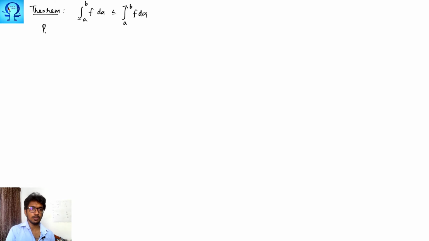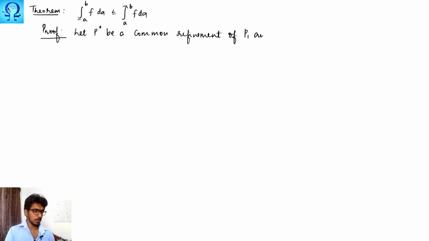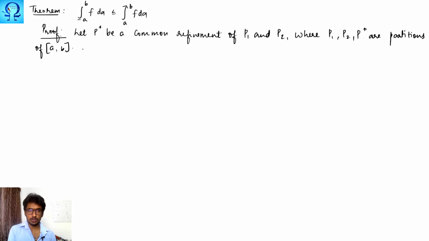Okay, here in the proof, let us take P star to be a common refinement of the partitions P1 and P2, where P1, P2, P star are partitions of the interval [a, b]. So by this, we get P star as the union of P1 and P2.